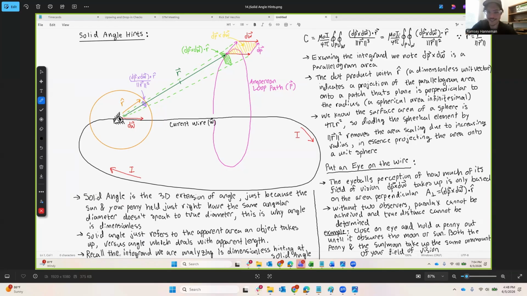Yeah, so we can take this integrand. I'm going to start writing it with r hat instead of r vector over magnitude r, just because I think it makes it a little bit easier. So we rewrite the integrand this way. We've got dp cross dw, a small displacement on the path cross a small displacement on the wire, dotted with r hat, a unit vector. Funny enough, unit vectors are dimensionless, because it's length over length.